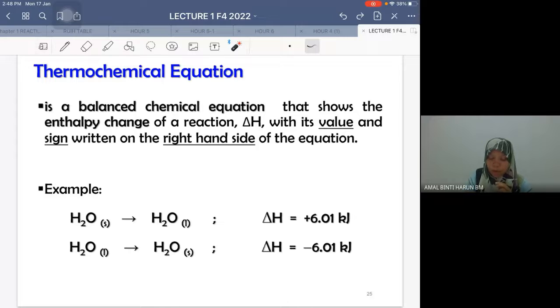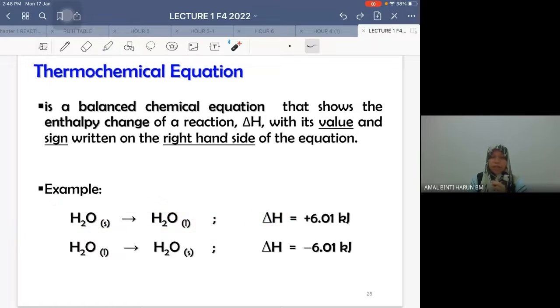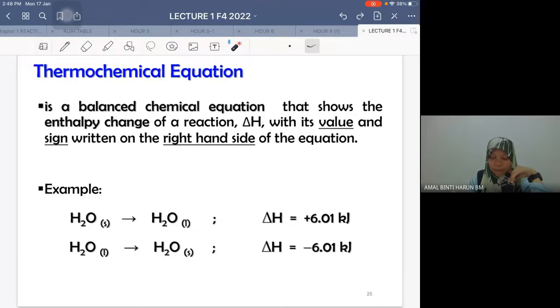Lepas tu, show the enthalpy change. Okay, inilah enthalpy change dia. Enthalpy change ni letak di sebelah kanan. Kalau you buat equation, betul lah, tapi you letak delta H ni kat sebelah kiri, tu tak betul lah. Okay, international dia terima equation sebelah kanan delta H. Delta H tu diletakkan di sebelah kanan. Lepas tu delta H ni mesti letak sign written on the right side of the equation.